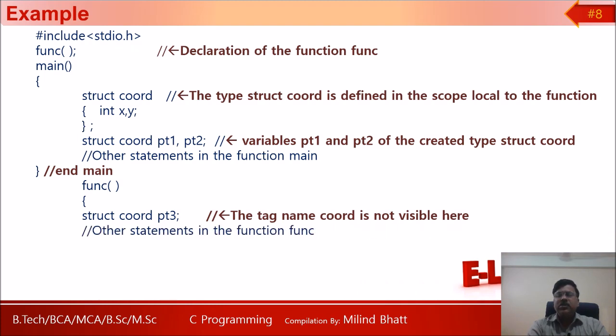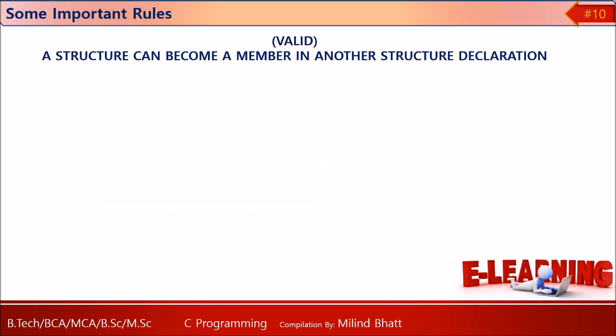Okay, this is not possible. Other statements of the function, now I am closing it, and once I compile it, it will show an error. Compilation error. What kind of compilation error? The visibility of this coordinate point3 is outside the scope of the life of my coordinate structure.